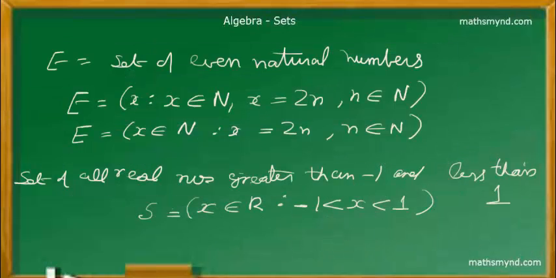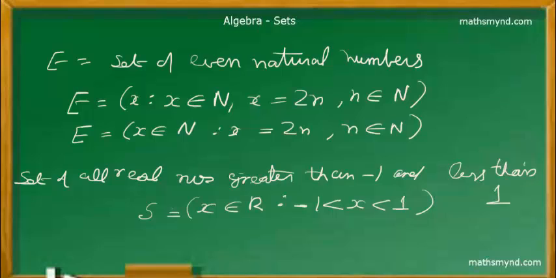Let us look at certain simple, straightforward examples. I have denoted a set E, which consists of even natural numbers. Now we know that the set of natural numbers starts from 1 and goes on to infinity. So how do you put it? I have denoted it capital E, and x is such that, so you are pointing out the property that x is an element of natural numbers.